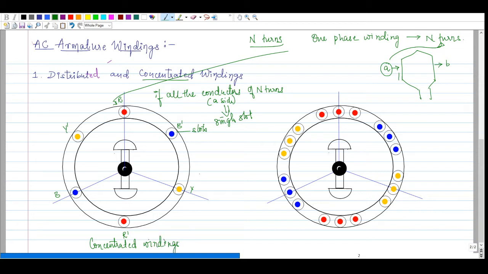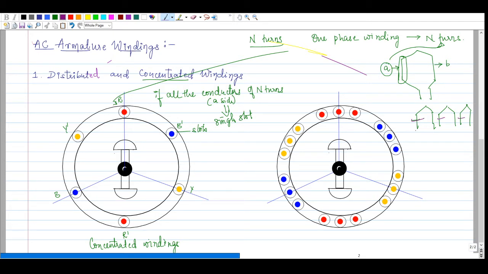So this is about concentrated winding, when all the A side conductors of the n turns are placed in a single slot.